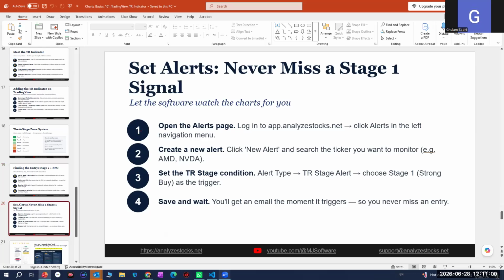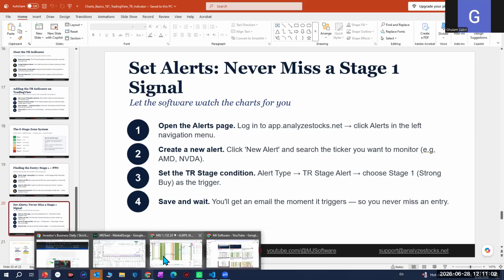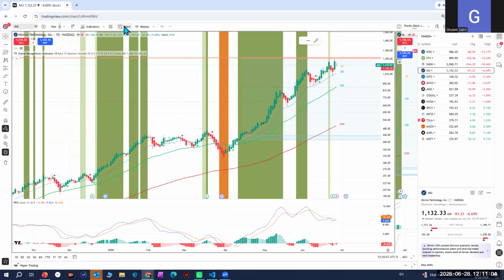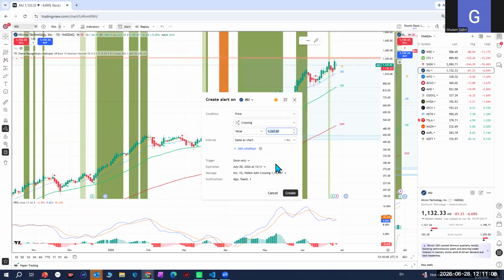Okay, set alerts. Now, let's go back here. Here we have an alert section. On TradingView itself, you can set any alert you want. For example, you want the price of Micron crossing a certain value, or maybe a certain other indicator.